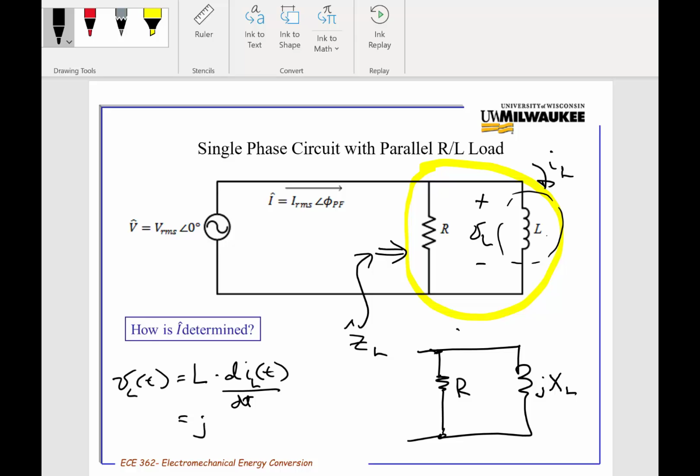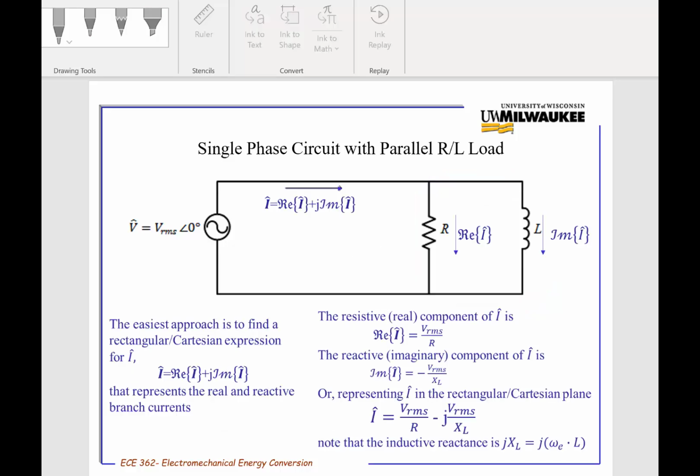It's the same as saying j, an imaginary term, times the frequency omega times the L. That's jXL. So that's what this circuit looks like in phasor form.